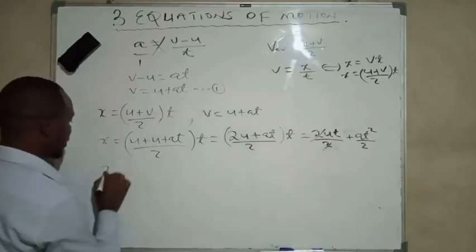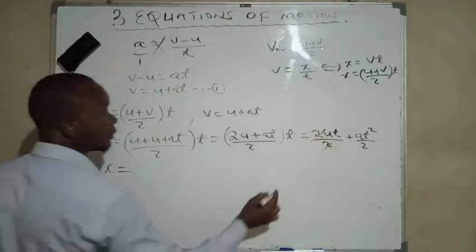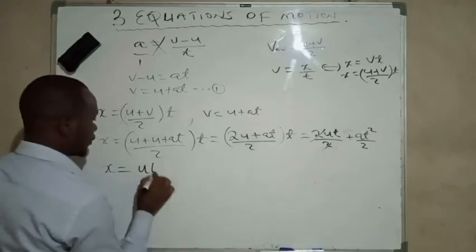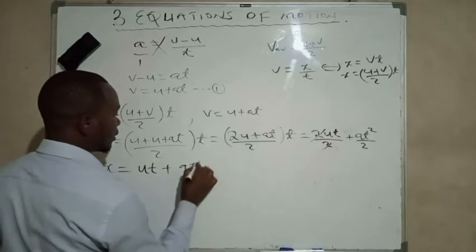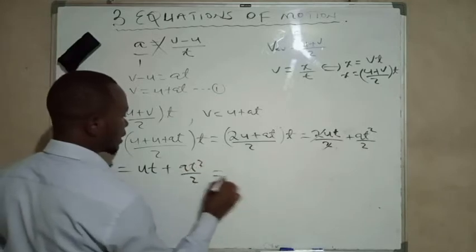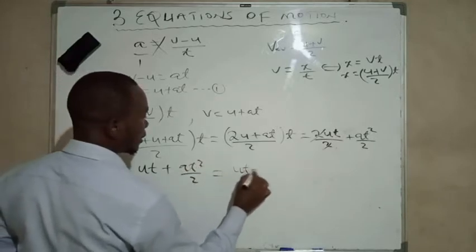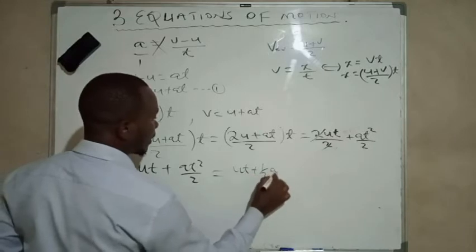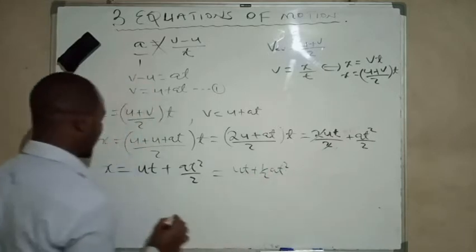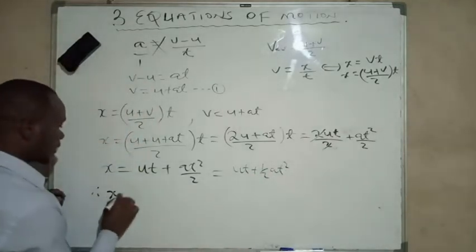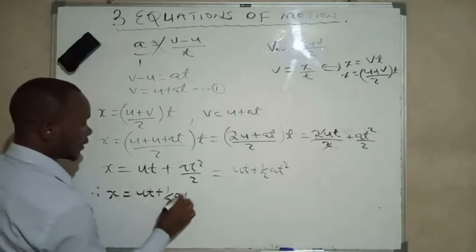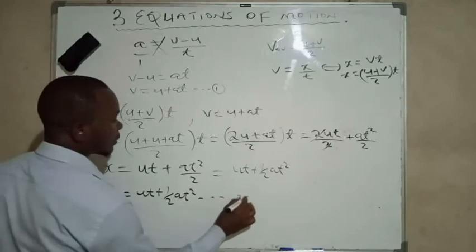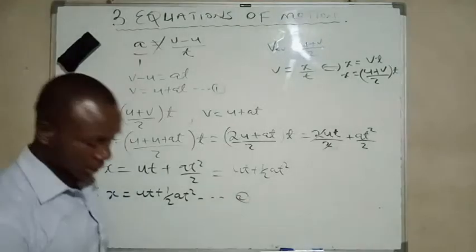And what we're going to have is x is equal to ut plus at squared over 2, which is simply ut plus half at squared. Therefore, x is equal to ut plus half at squared. So this is our second equation.